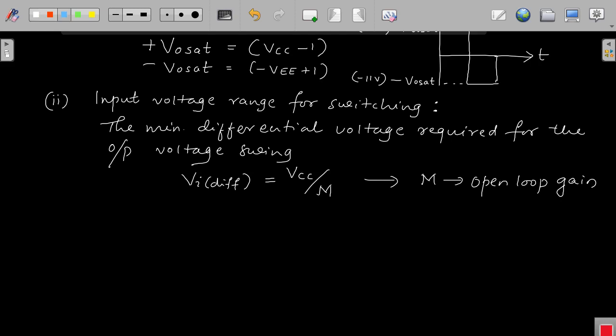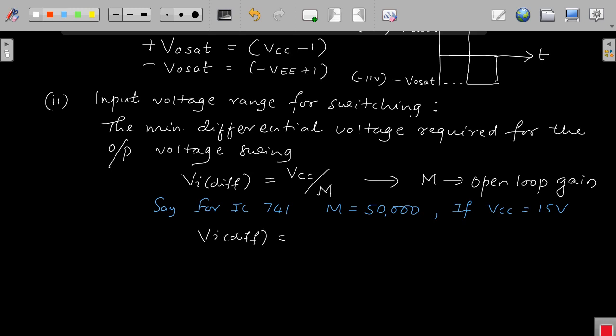Suppose for IC 741, your M value is 50,000 approximately, and if your VCC is 15 volts, then your VI diff will be 15 divided by 50,000. This is an example, it doesn't account for any calculation and all.